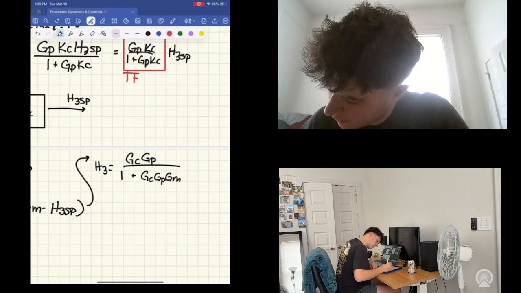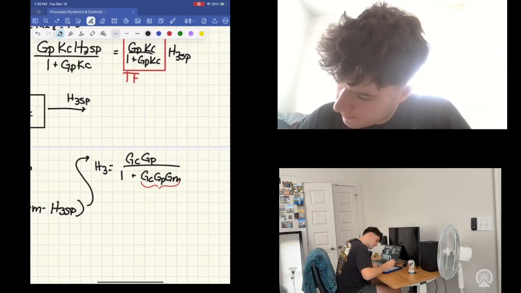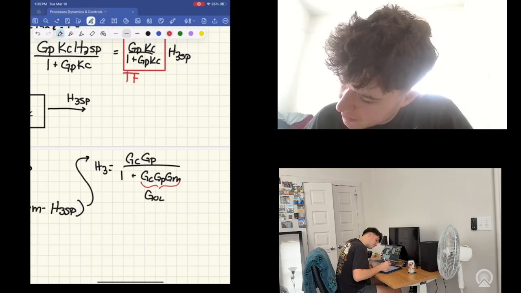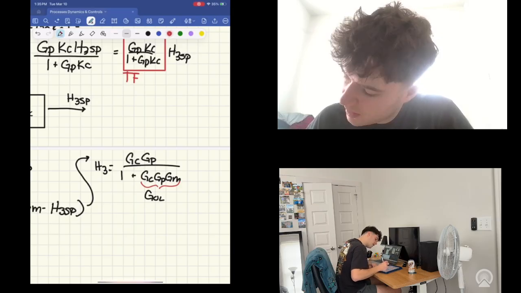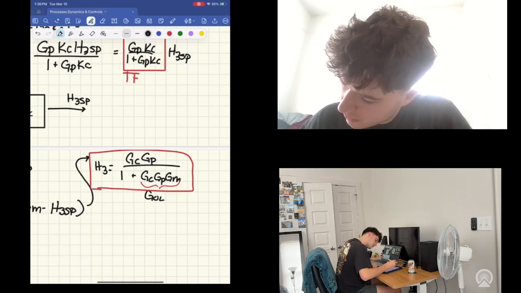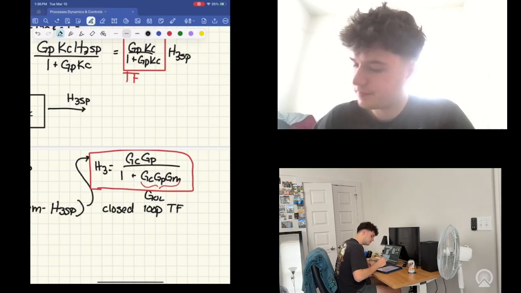We're actually going to rewrite this as GOL for OL, open loop. And so we arrive right here, and we'll say that this is our closed loop transfer function.